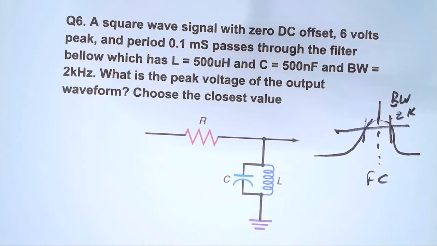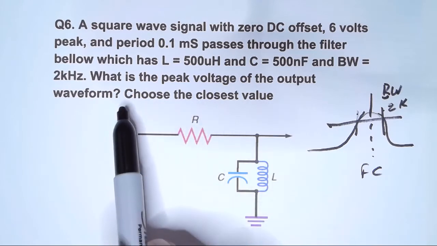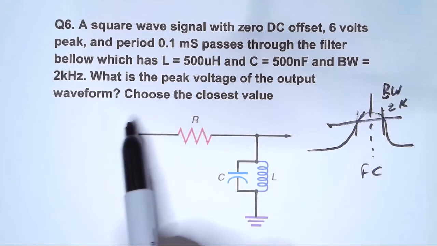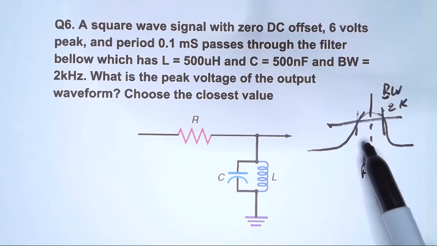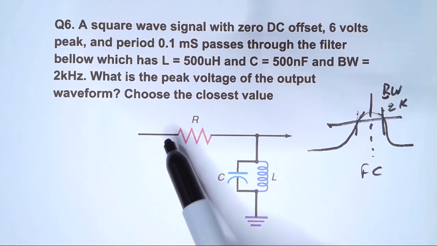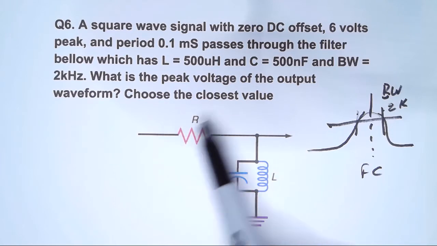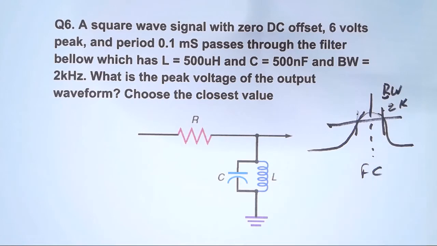Let's determine what the center frequency is, because what's the question here? What is the peak voltage of the output waveform? In order to know whether this filter will allow the frequencies that we want through, we need to determine what the center frequency is.